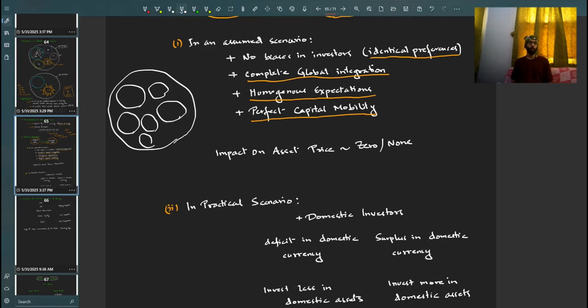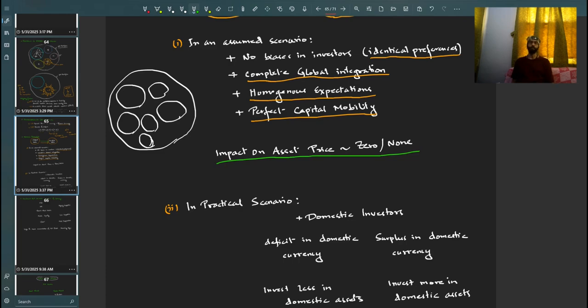There is free flow of capital, there are no expectation differences, there are homogeneous expectations, all these things are there. And based on this, portfolio differentiation has happened. Under this condition, there will be no further change in exchange rate or asset prices. The impact on asset prices will be zero or near zero, right?